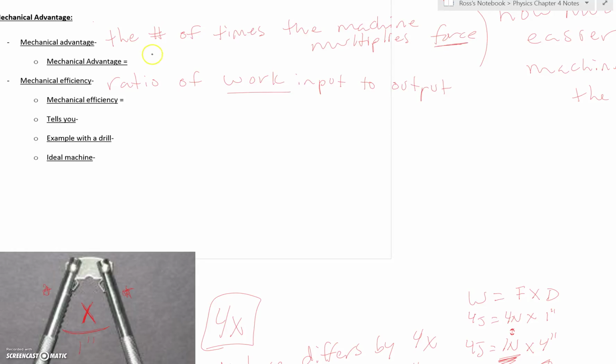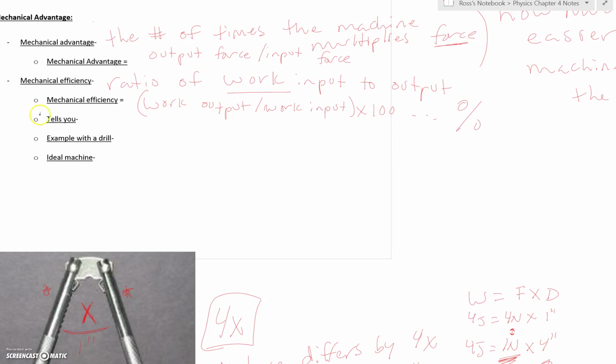So that would be output force divided by input force. But here, we're talking about work input. So work output divided by work input times 100. And the reason we multiply it by 100 is to get it into a percentage.